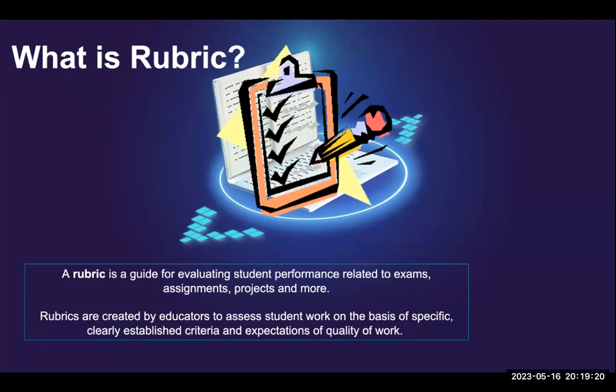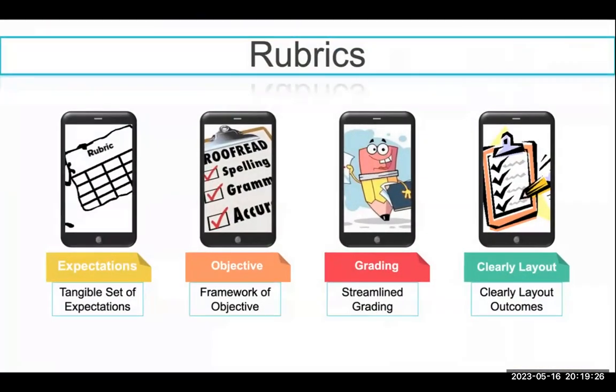Often these rubrics are arranged in table format, and rubrics communicate expectations for both teachers and students and include information of what learning outcomes are required from student work.